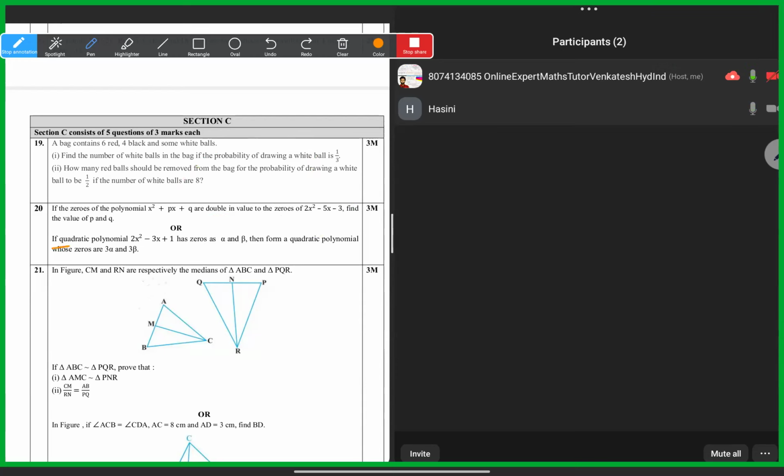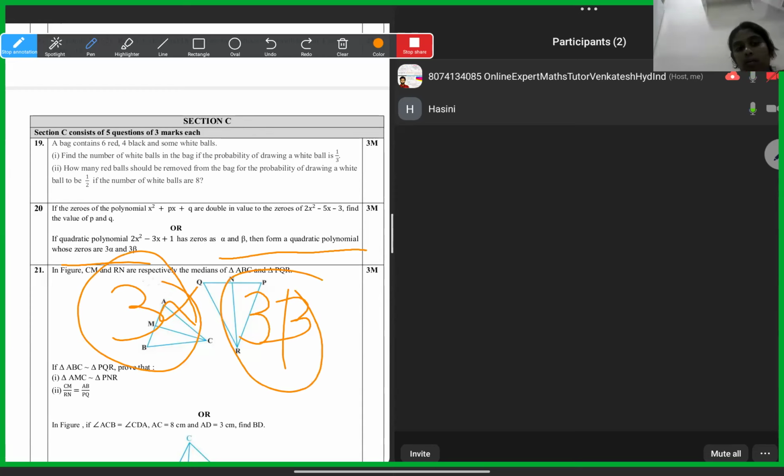If the quadratic polynomial has zeros alpha and beta, then they're asking us to form a quadratic polynomial whose zeros are 3 alpha and 3 beta, means 3 times. If we triple the zeros of the before polynomial, we'll get the zeros of the next polynomial, the one we need to find. But this one we can do in a much easier way actually.